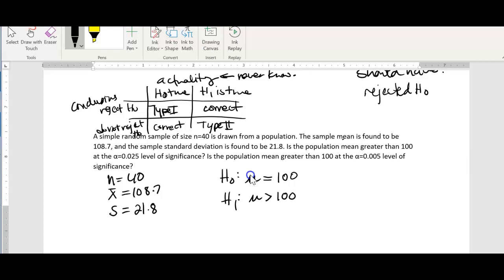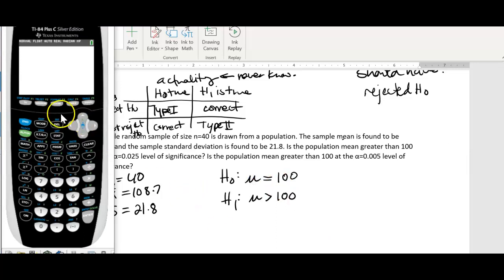Okay. So we go through, and with this information, we go to our calculator. You go to stat, go over to calc, go down to the t-test. The t-test is done when you are doing hypothesis tests for a sample mean. We're going to do stats because we have the stats already given to us.